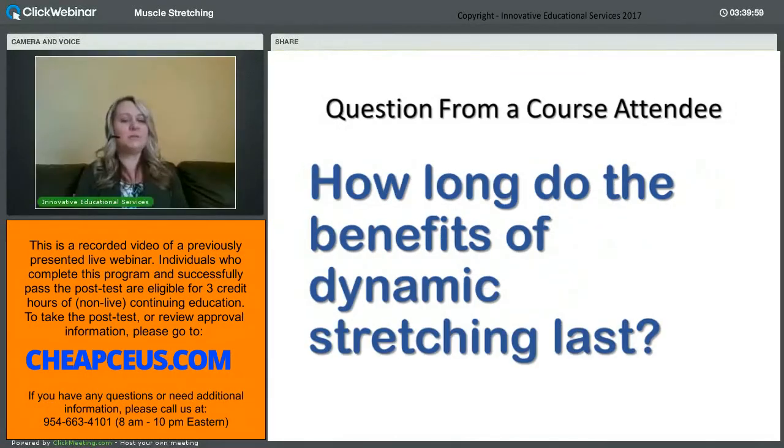Good question about the dynamic stretching, how long those benefits last. And actually the research studies that I pulled didn't speak about that. What I would think is, while you may not have the benefit of them to enhance performance, at least some of the research studies said that there was no difference between the dynamic stretch and the control group.